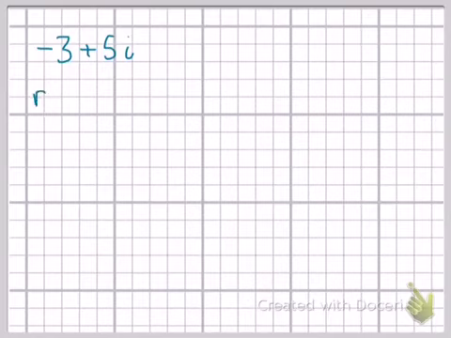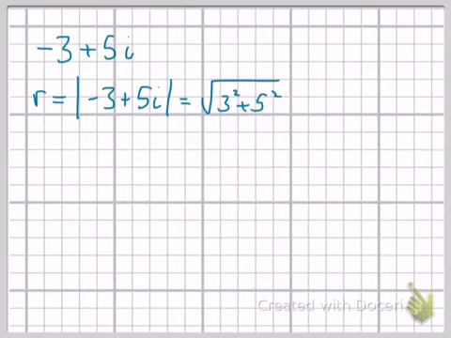The radius, or the r value, the magnitude of this, is the square root of 3 squared plus 5 squared. That gives us the square root of 34. So that's my r value.